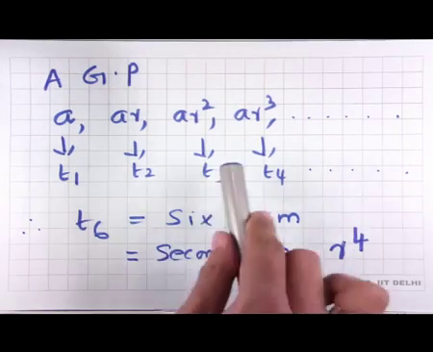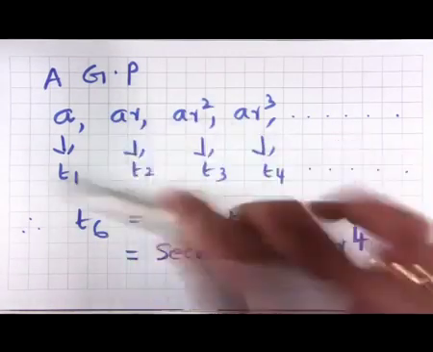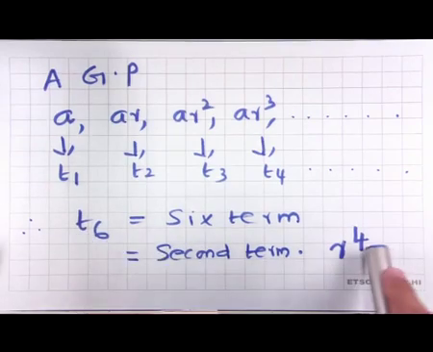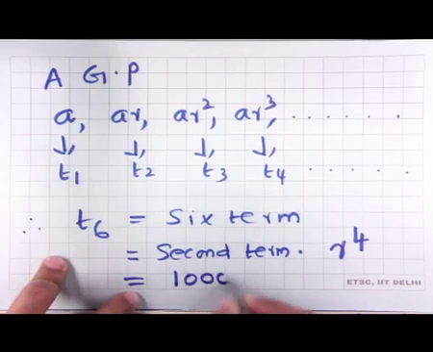See this: third term is R times second term, fourth term is R square times second term and so on. So, the sixth term will be R power 4 times the second term, and the second term is given to be 1000.